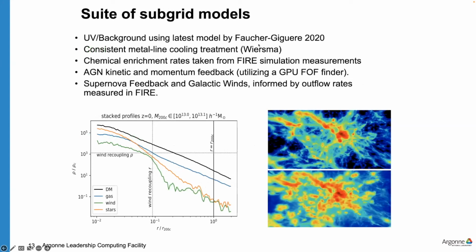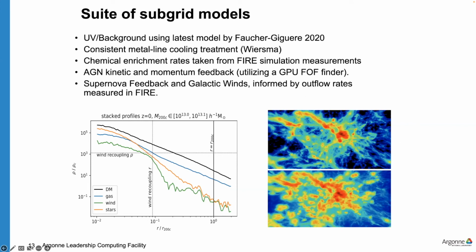The suite of subgrid models implemented so far are UV backgrounds, metal line cooling, chemical enrichment, AGN kinetic and momentum feedbacks, and supernova with galactic winds. Some of these parameters are influenced by the FIRE simulations.